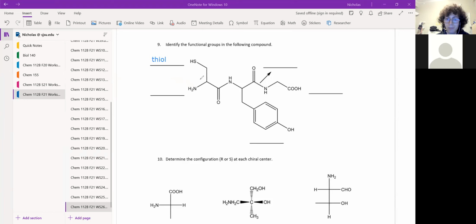Okay. What is this functional group? This is an amine. And especially if he gives you a structure like this, just be careful to look at the carbon where the amine is attached. Because there's a carbonyl right here, so it kind of looks like an amide since there's a carbonyl right next to an amine. But the amine's not attached to the carbonyl carbon, so it's an amine, not an amide.